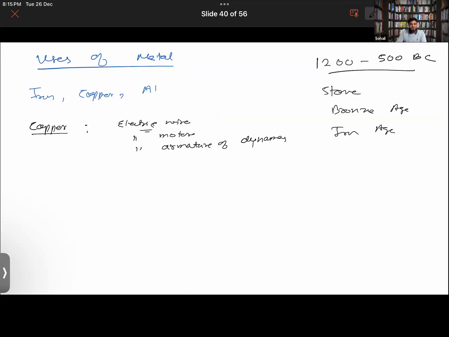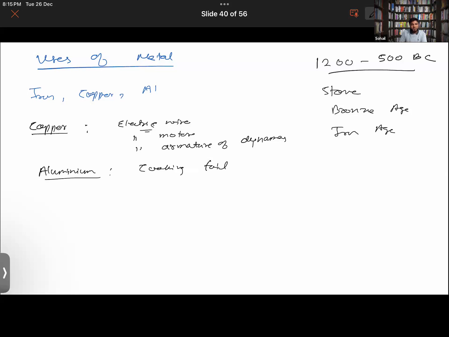Then talking about aluminum, where do we use aluminum? You guys tell me. Cooking wraps, handles. So cooking foil, there it is used, and then electric cables.